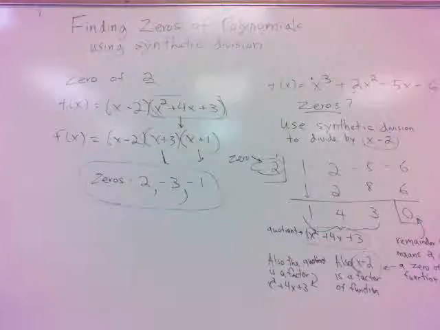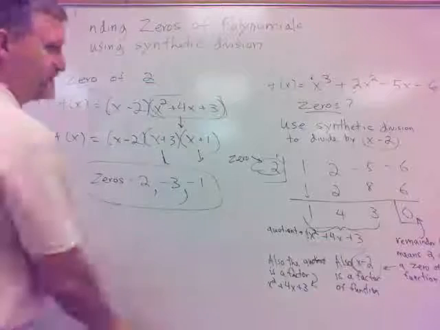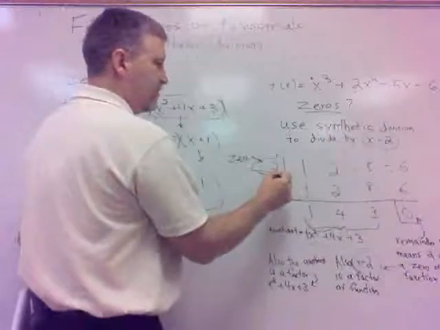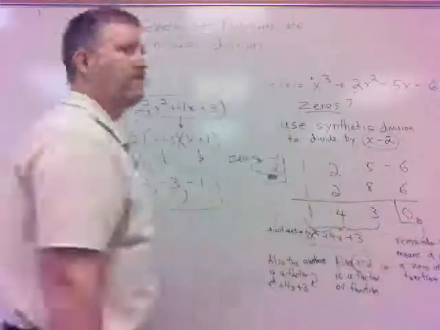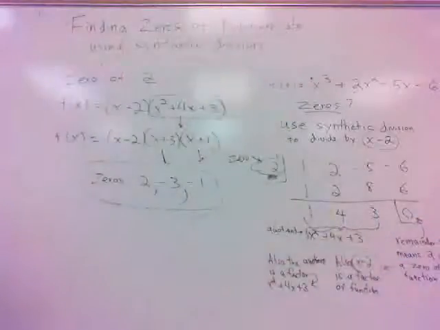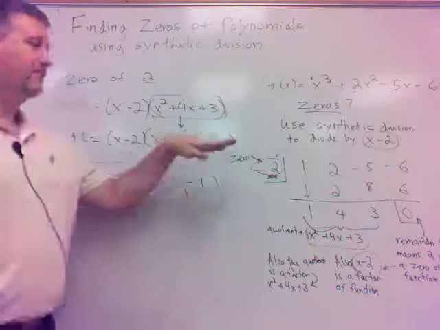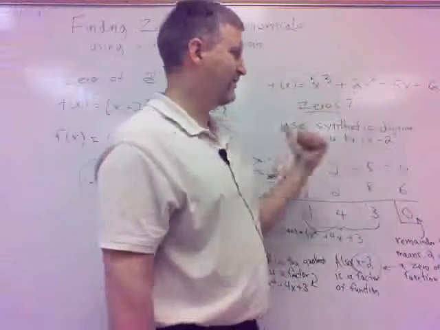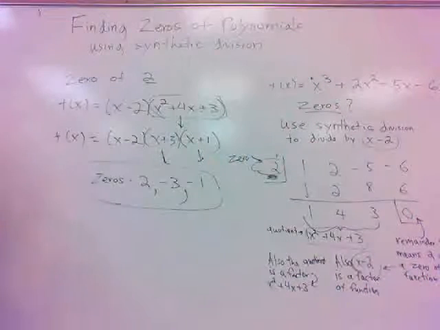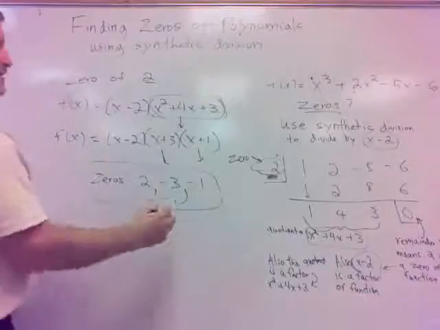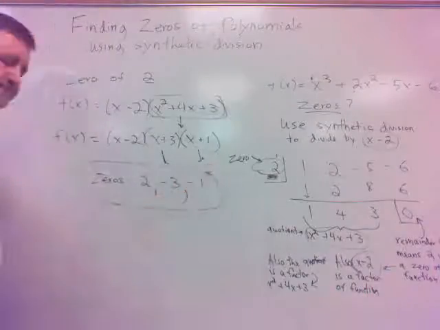So that's kind of the deal. What we're going to do using the synthetic division is we're going to try to find a zero, meaning a zero remainder, when we do our synthetic division. Okay? Now, I gave you kind of where to start on this one. But when we get to these others, we're going to have to kind of know a little more about where to start. And let's also make another little note here on these.